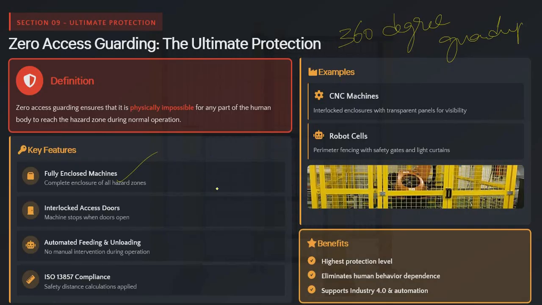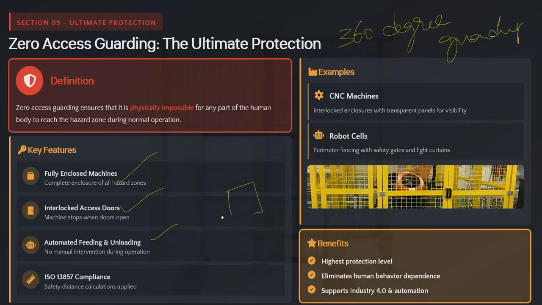Totally enclosed machines is one thing, an interlocked access door is second, and automated feeding and unloading. It carries out the feeding automatically, and it will do the automatic unloading as well. And this zero access guarding should comply with ISO 13857 for safe distances.